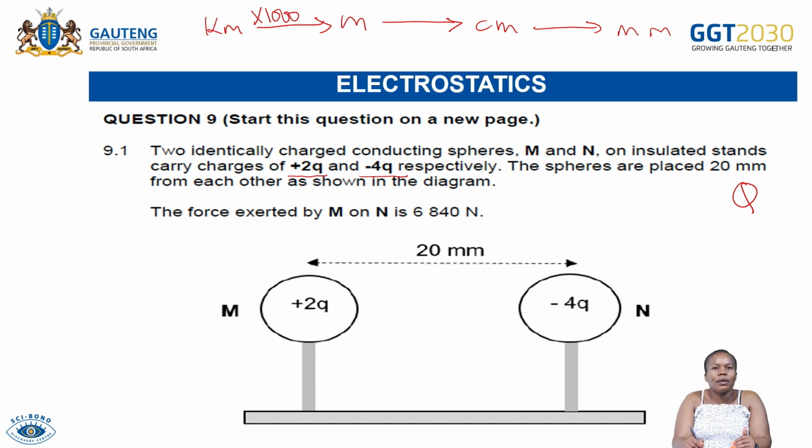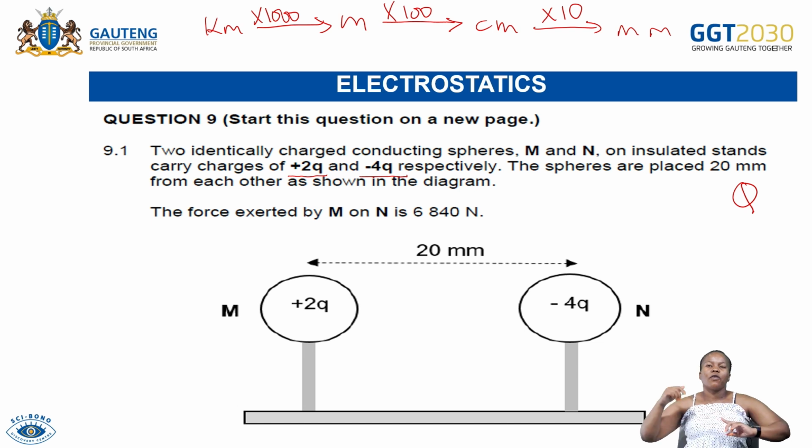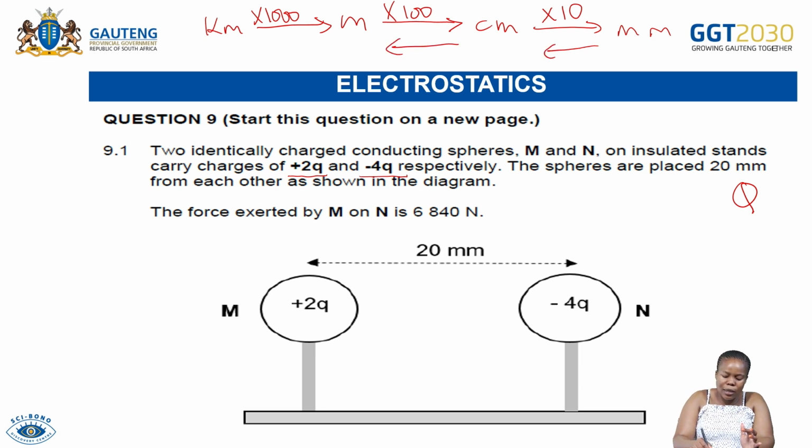8,000, and then from meter to centimeter we times it by 100, and then from centimeter to millimeter we times it by 10. But now when we have to move from millimeter, which is a smaller SI unit, to the bigger one, we have to divide by the same factor, which is going to be 10, 100, and 1,000.